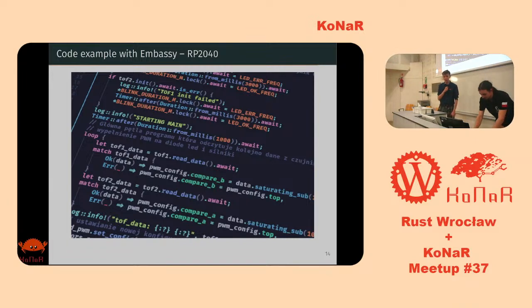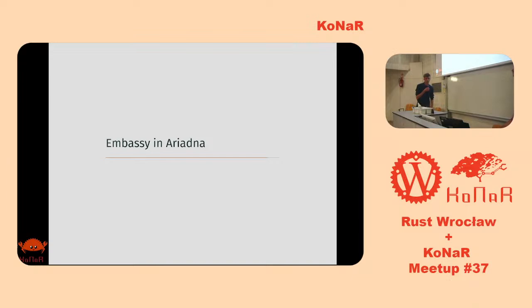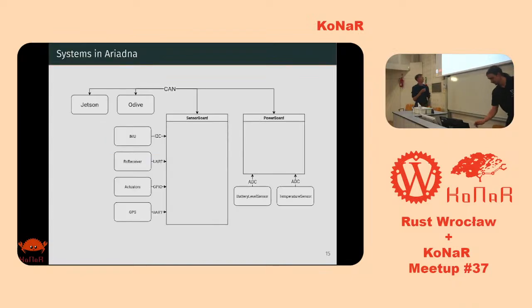So we will continue the presentation. The next thing on our schedule is how we use Embassy in Ariadna, our flagship robot. So yeah, the structure looks like this. Basically, everything communicates by CAN frames. And right now we have two main boards and more on the way.